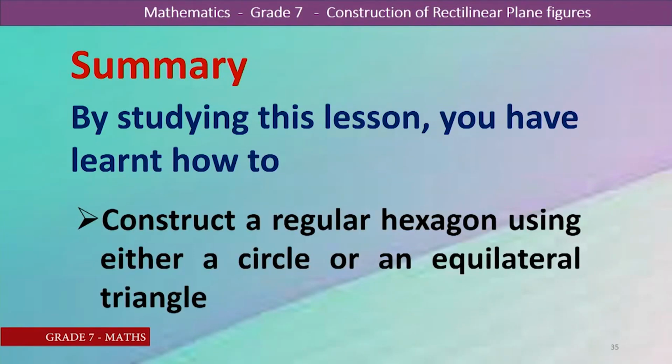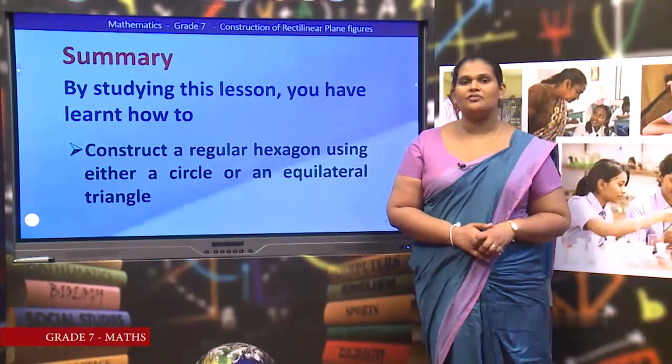Then we have learned how to construct a regular hexagon in 2 different ways. First, by means of a circle, then using equilateral triangles. Right, that is what we have learned today.